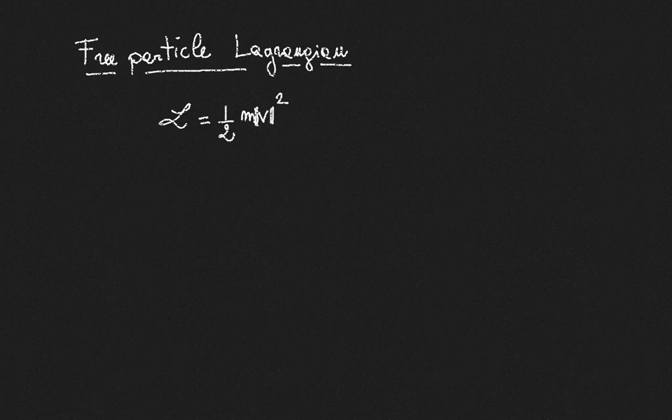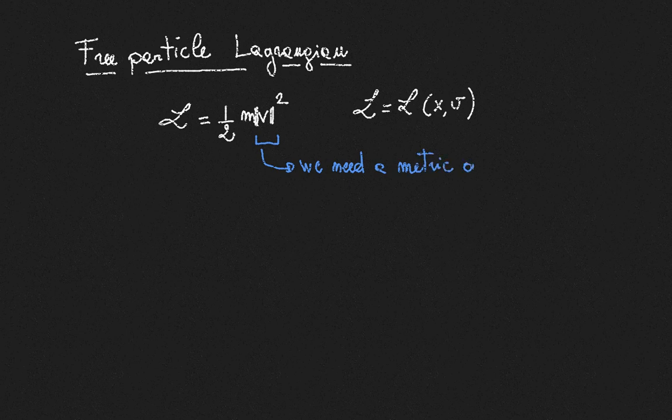So the Lagrangian in this case is just this one. If you write L as L of X and V, obviously, we need a metric to write this. So we need the scalar product on the tangent because we need to have the norm of a tangent vector.